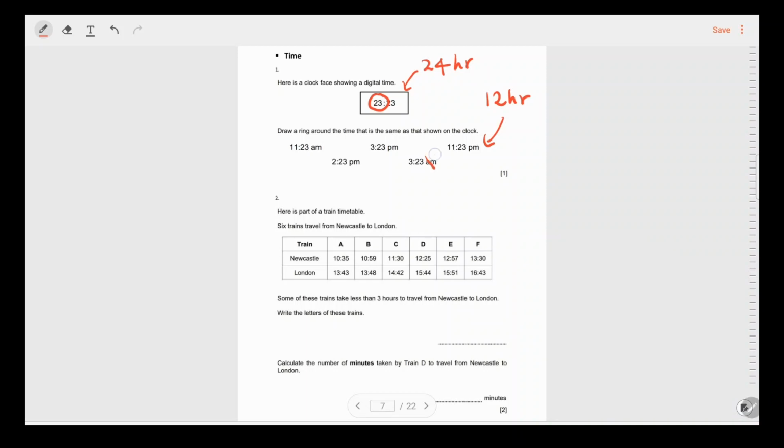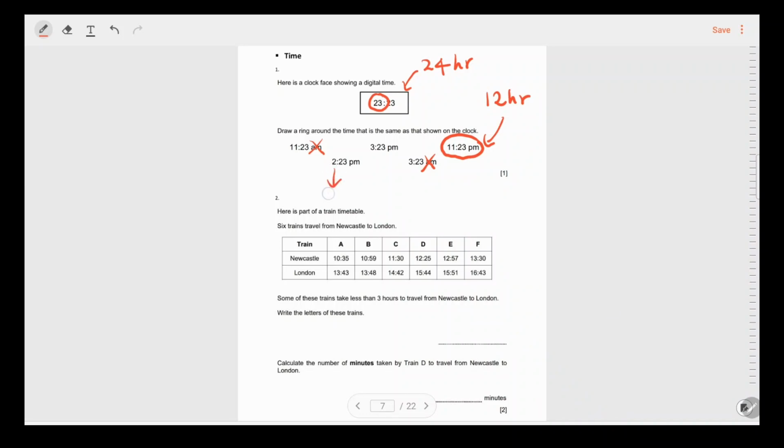Therefore, what we do is we cross out the AM answers because they're wrong, and then we are left with 3 answers. So 23 is actually 11 p.m. and therefore we select this as our answer.